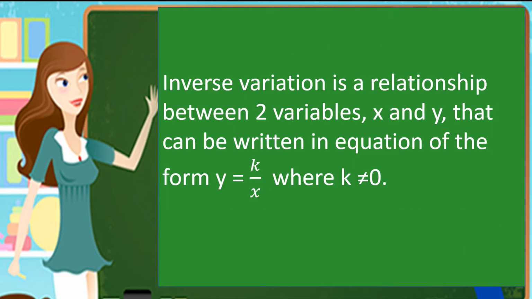Okay, so inverse variation is a relationship between two variables x and y that can be written in an equation of the form y is equal to k over x, where k is not equal to 0.